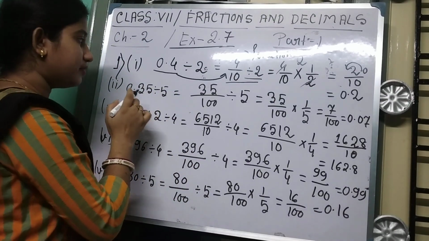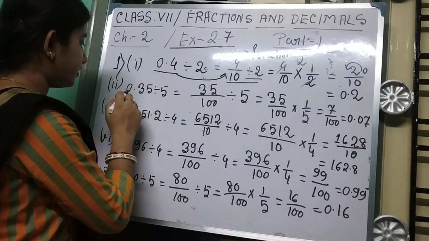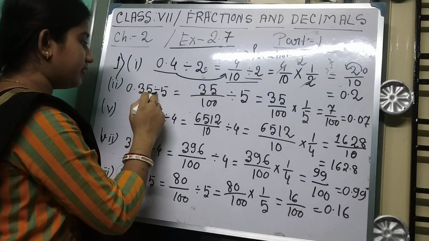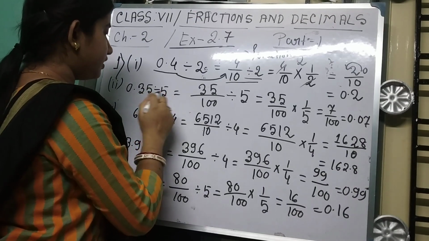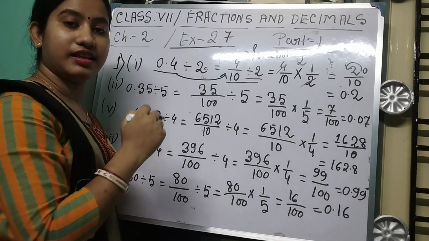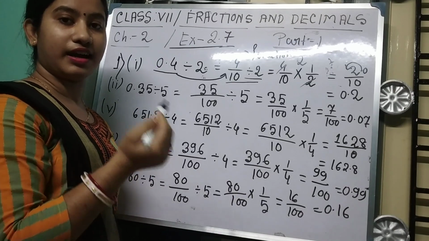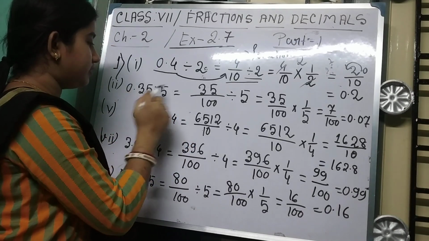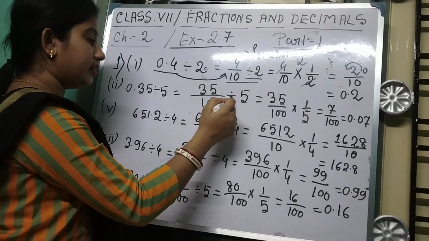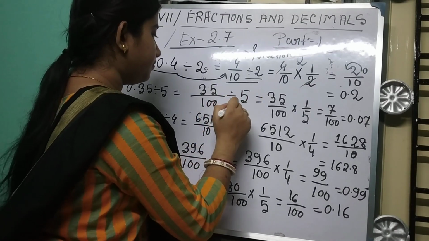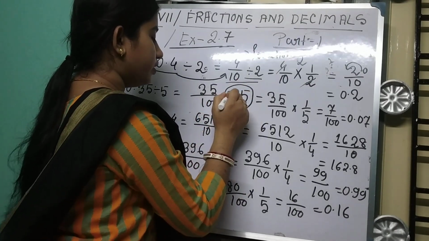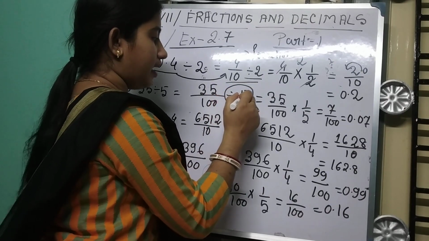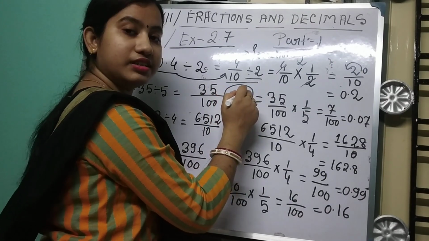Now in a similar way, next number 2. It is given 0.35 divided by 5. So this is equal to, we convert this decimal number into a fraction. So this is 35 by 100 divided by 5. Now we change this sign and write the reciprocal of this number.